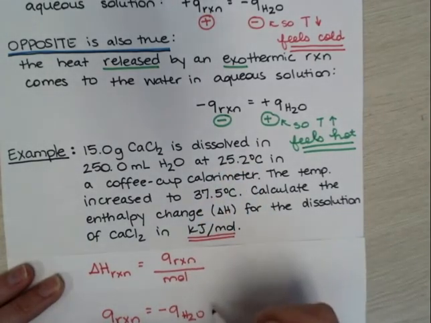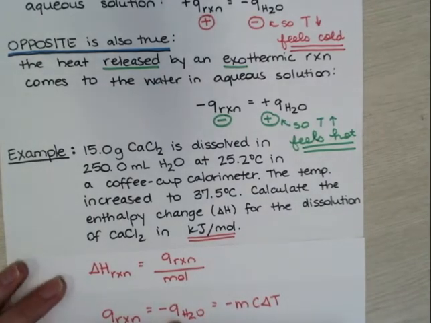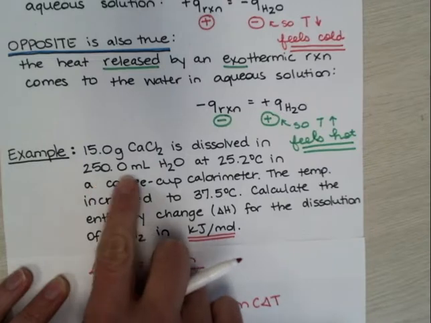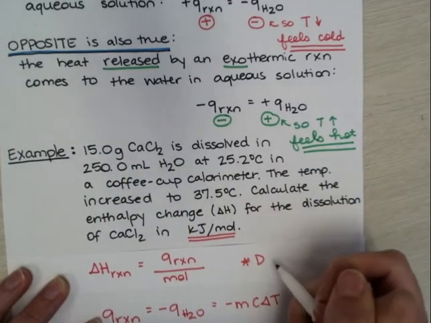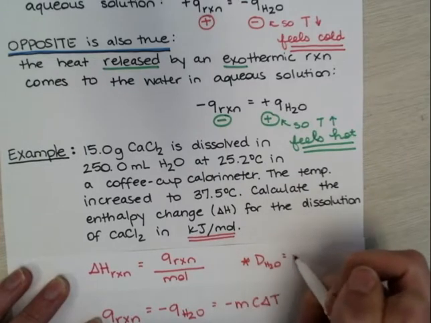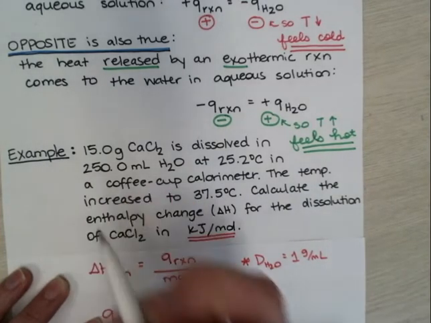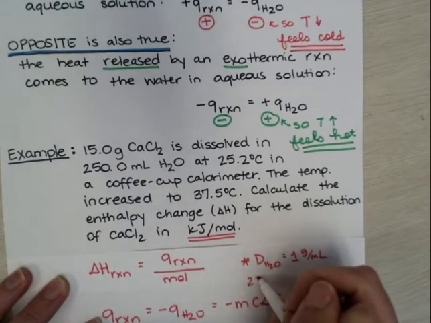Okay? So this means that I'm going to use MCAT when I have Q, and I want Q of the water. So the water is 250 milliliters. But don't forget, right, that the density of water is 1 gram per milliliter. That means if I have 250 milliliters, I have 250 grams.